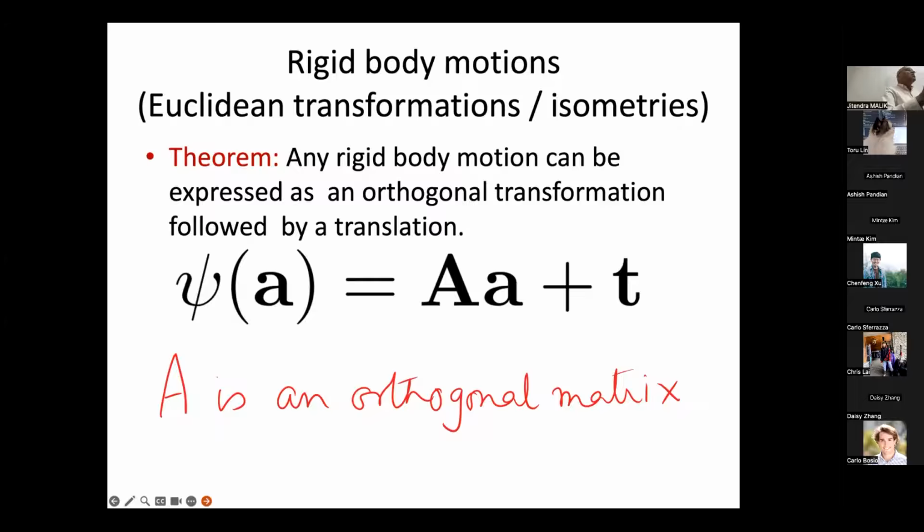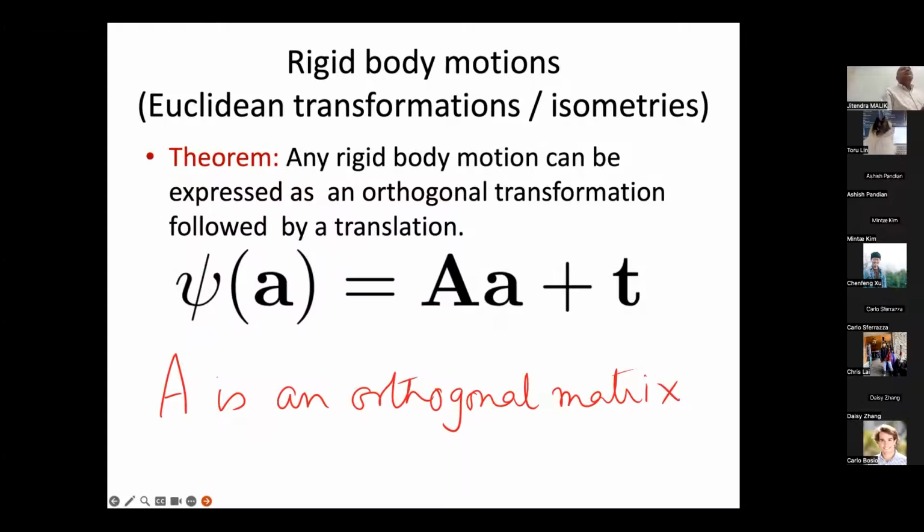We are going to be concerned about rotations. So these are determinant +1. So any rigid body motion can be expressed as an orthogonal transformation followed by a translation. Okay, I just have to define orthogonal transformation here, but think of it as a rotation or a reflection. And after a while, I'll throw away reflections and only be concerned with rotations.